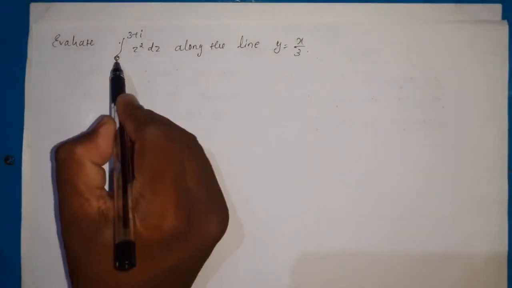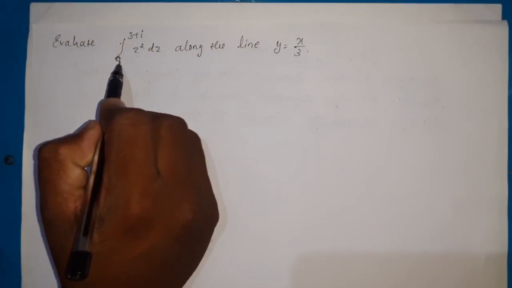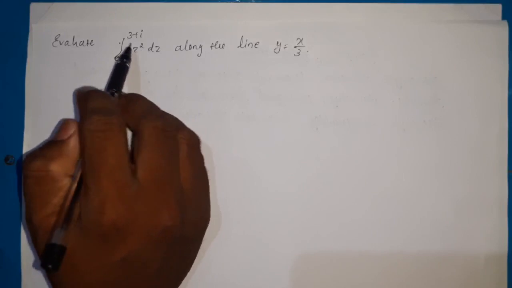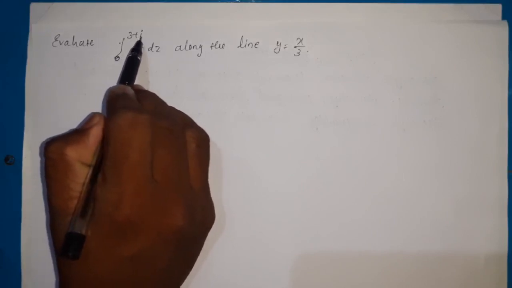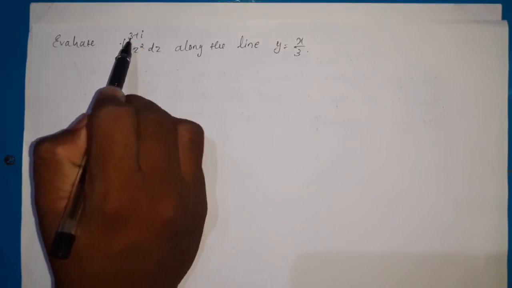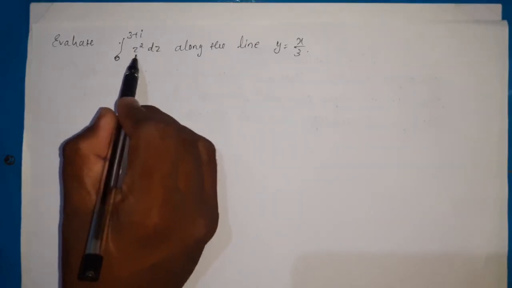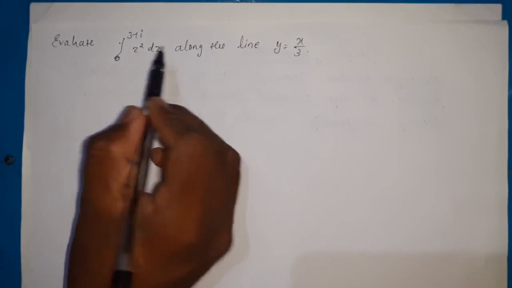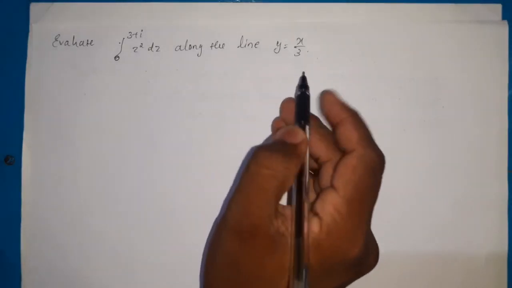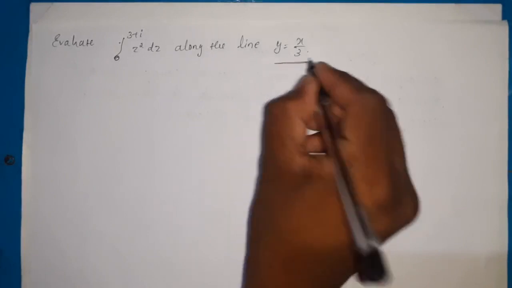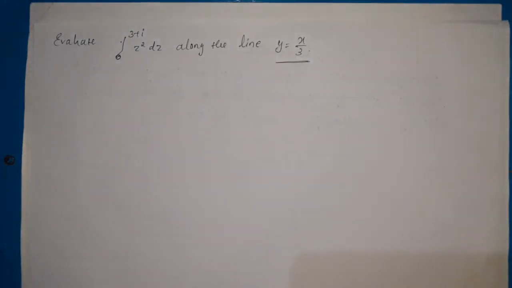Here 0 means it is of the form 0 plus i0, so both real and imaginary parts are equal to 0, and the upper limit is 3 plus i, which means the value of x equal to 3 and y is equal to 1, and the function is z square dz along the line y is equal to x by 3. So by using this line we are going to integrate the function.